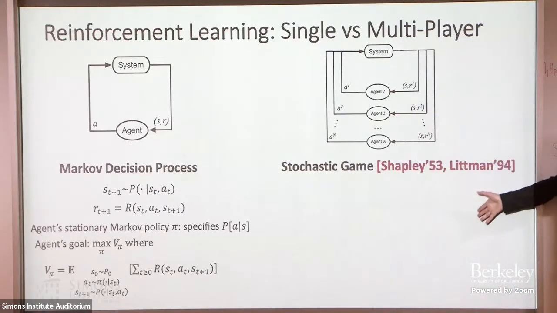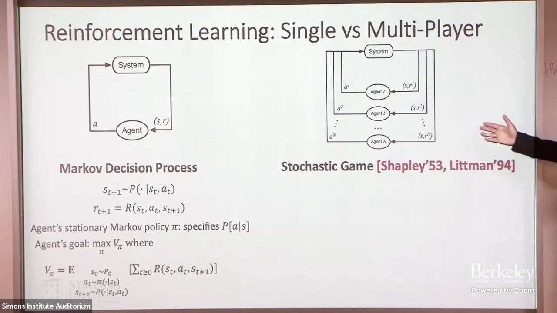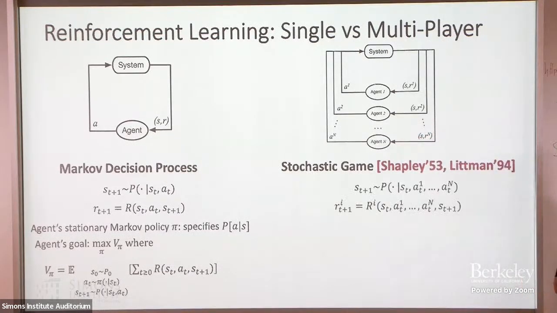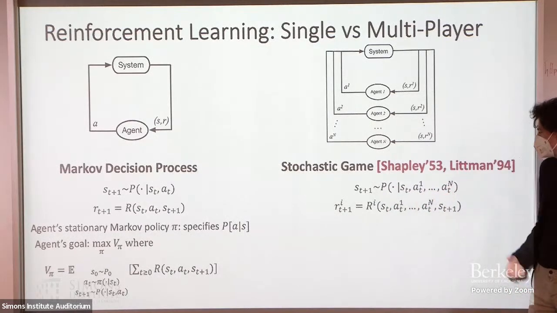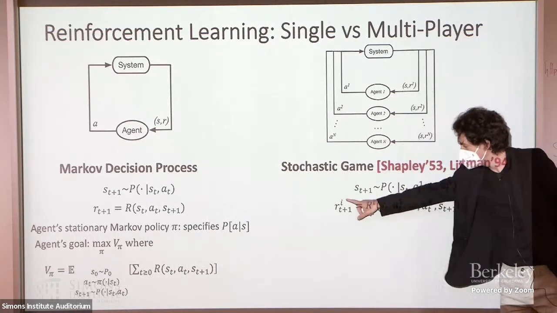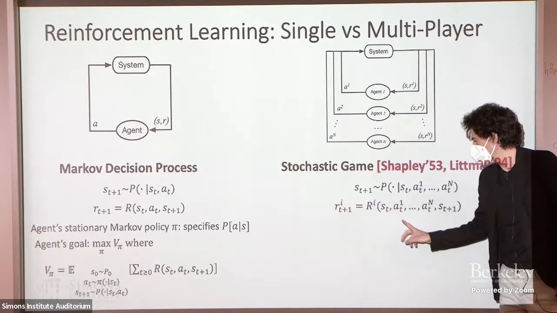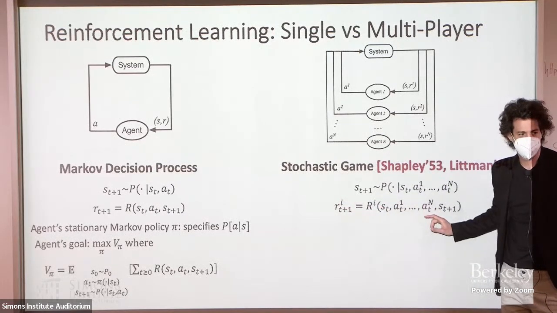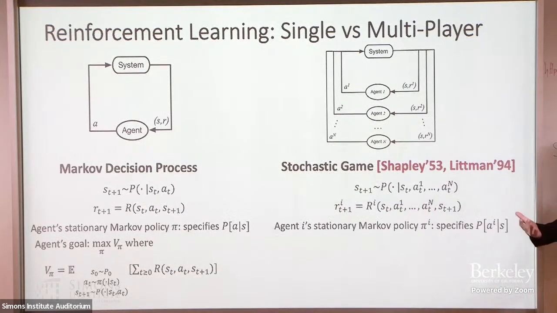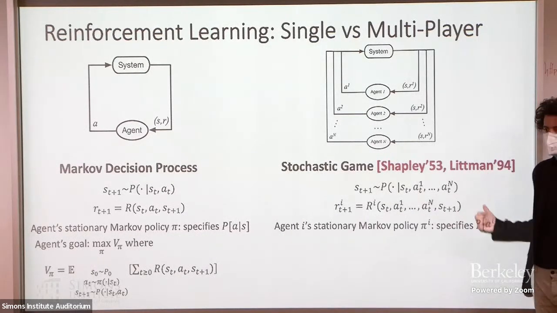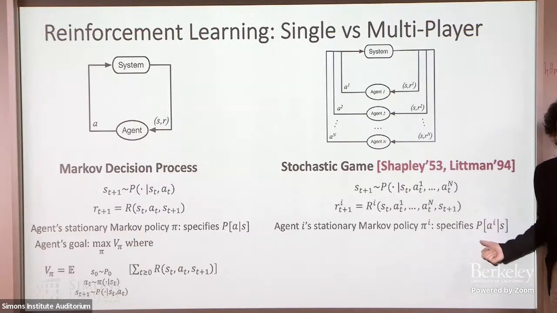The analogous thing generalizes if you have many agents. Now the state transitions depend on the actions of everybody. Each agent receives a reward that depends not just on their own actions and the states, but also the actions of the other people. Again, an interesting object to think about are stationary Markov strategy policies, specifying for each player what action they choose at every state, potentially a distribution of actions.